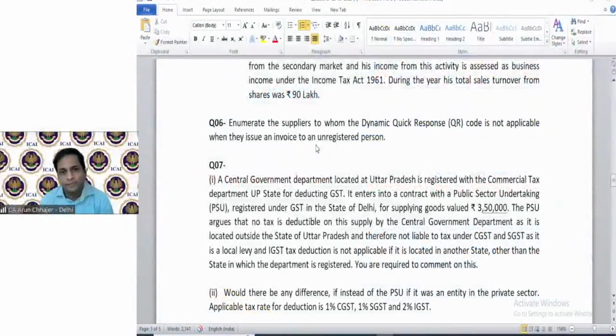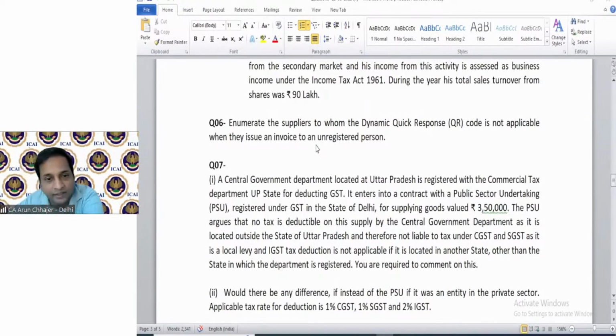Now, the next question is from invoice, accounts, and records. A very simple and theoretical question: to whom is the dynamic QR code not applicable when they are issuing the invoice to an unregistered person?